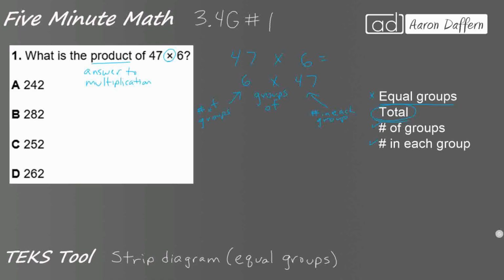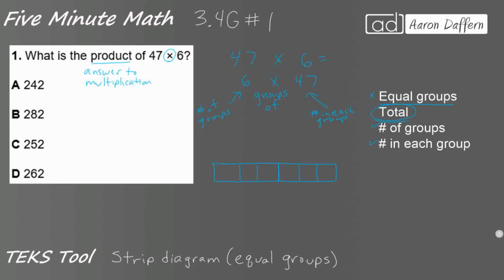All right, so if we wanted to represent that, there's a few different ways we can do that. So a strip diagram is always useful, at least to represent the relationship between the quantities. Doesn't necessarily help us solve. We can use an area model for that, and we'll do that in just a moment. But if I want to draw 6, what I'm going to do is I'm going to cut it in half and then cut each half into thirds, because 6 equals 2 times 3.